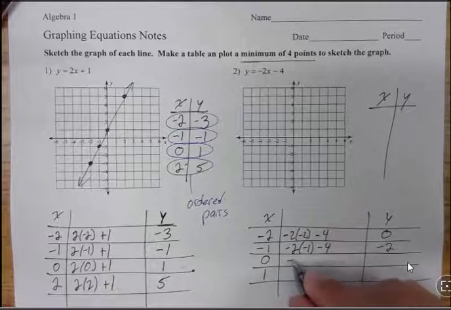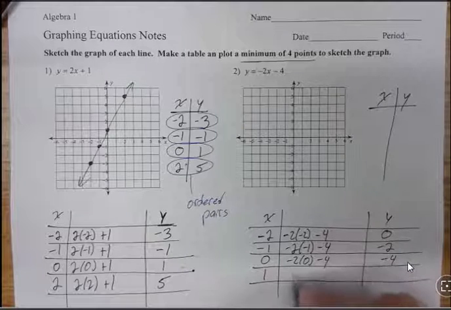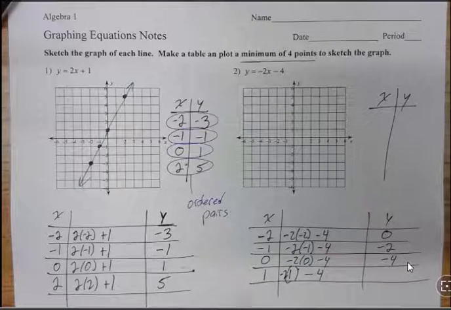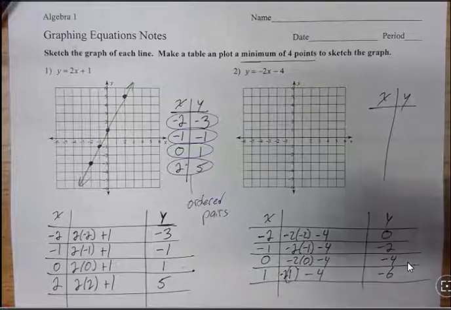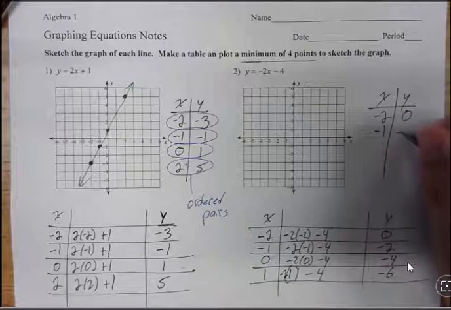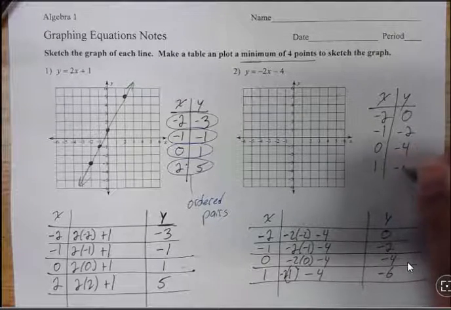We have 0, so -2 times 0 is 0, and 0 minus 4 is -4. And if I choose 1, -2 times 1 minus 4, we get -2 minus 4 is -6. So my points would be (-2, 0), (-1, -2), (0, -4), and (1, -6).